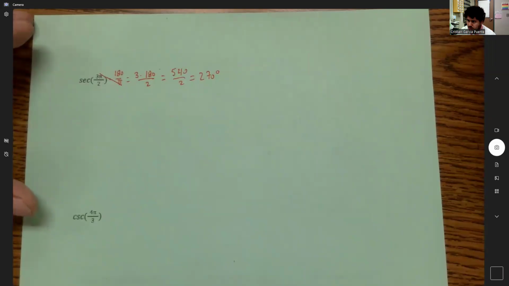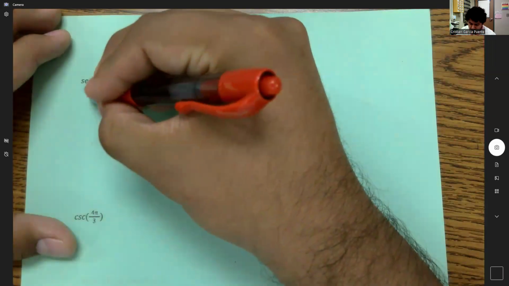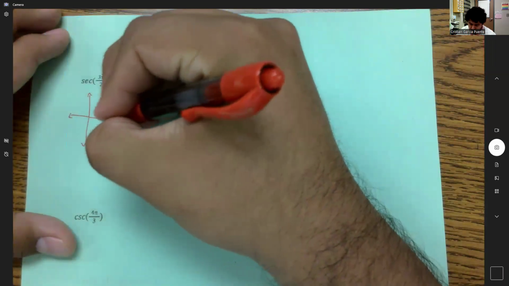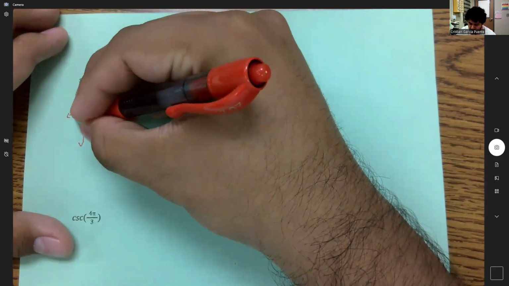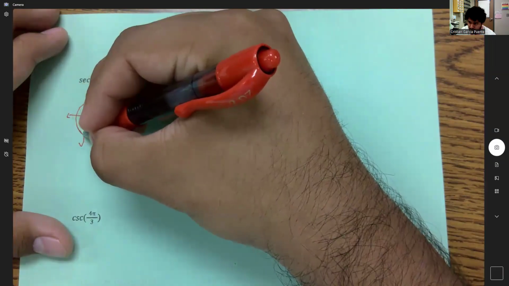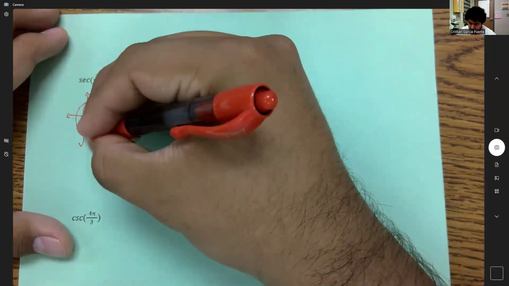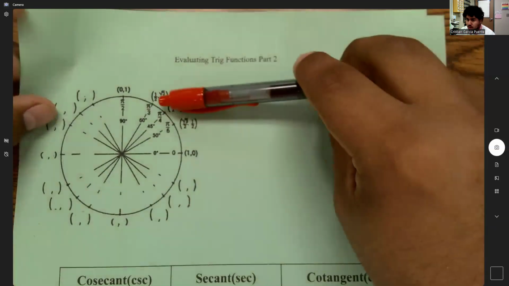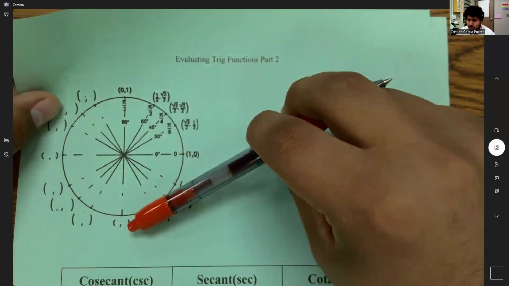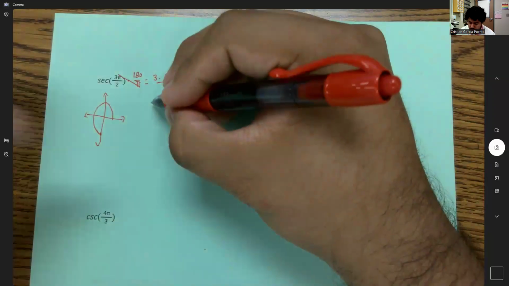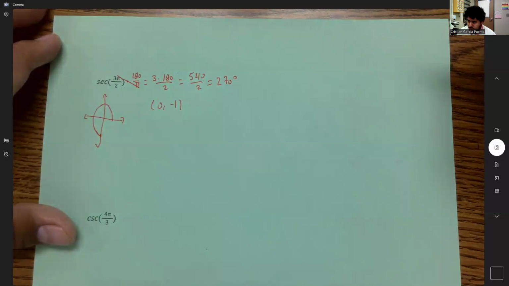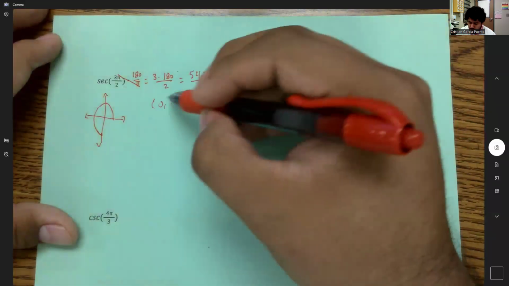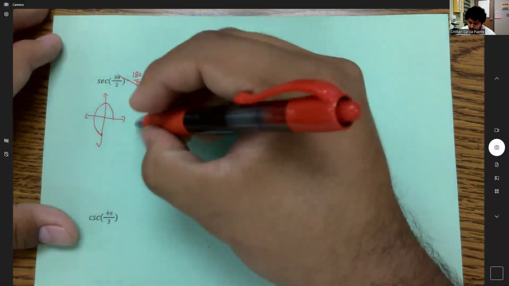So you're going to draw your angle now. Is 270 bigger than 90? Yes. Is it bigger than 180? Yes. Is it bigger than 270? No. So we know we stop right here. Now we're just going to have to use some common sense. If the top point is 0, 1, what do we think the bottom point is going to be? It's going to be 0, -1. So since the bottom is 0, -1, and we already have our point, we can go straight into evaluating.